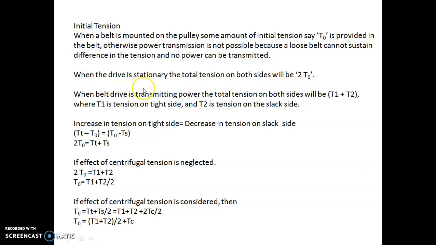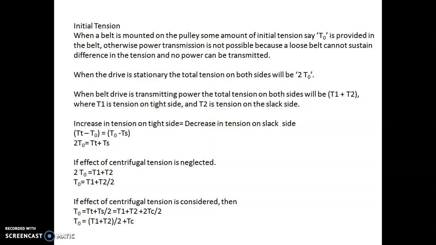But when the drive is transmitting power, the total tension on both sides will be equal to T1 plus T2, where T1 is the tension on the tight side and T2 is the tension on the slack side. Now, there will be an increase in tension on one side, that is the tight side, and a decrease in tension on the slack side.